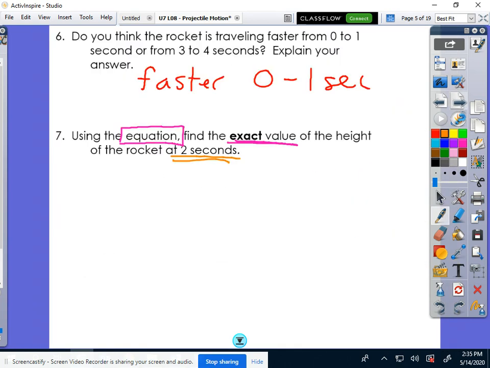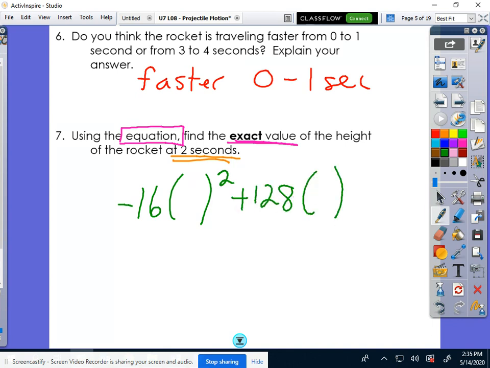Since it's 2 seconds, we're going to plug into negative 16 something squared plus 128 times something. And that something is our time. T stands for time, so that's 2 seconds.